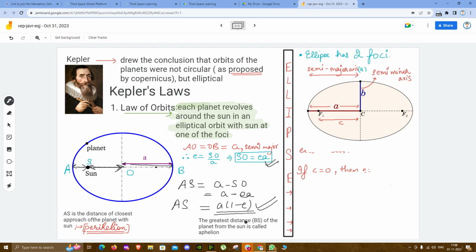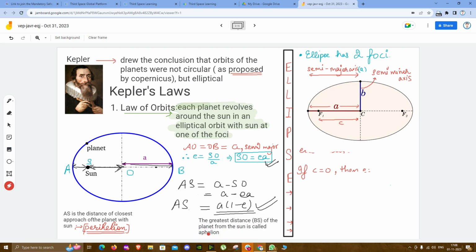Now let me talk about the biggest distance a planet can have from the sun. This is very important. This point here is obviously the farthest a planet can be from its star, that is the sun in our case. So the greatest distance BS of the planet from the sun is called aphelion.